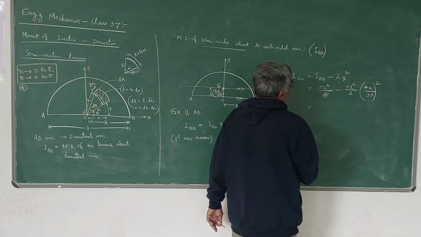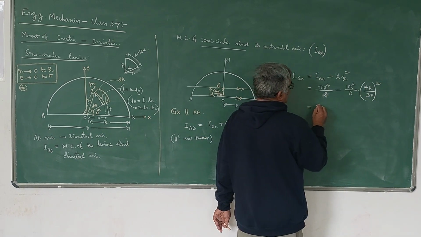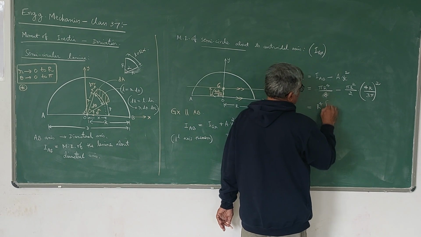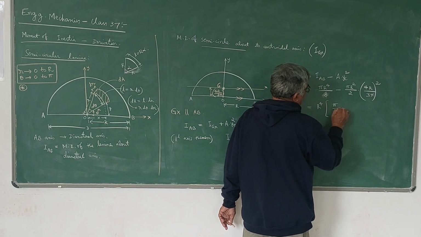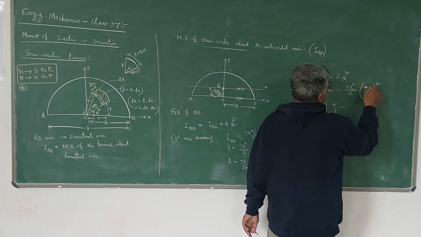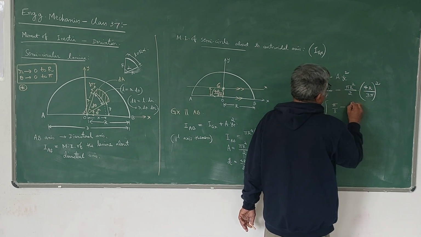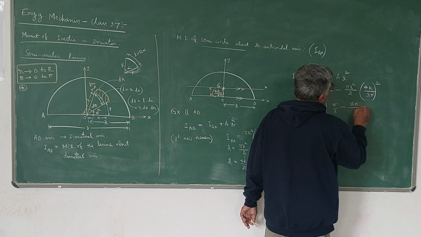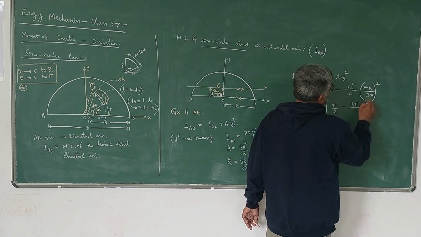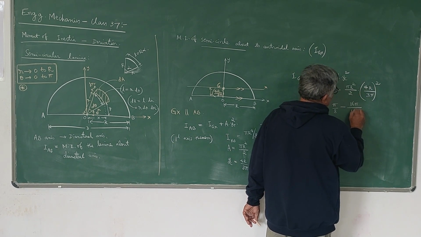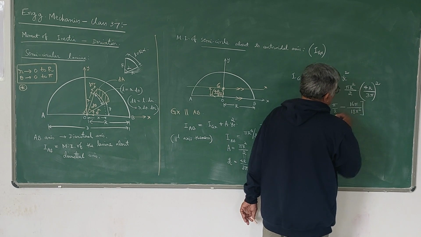I can take this r power 4 outside. You can see pi by 8 will be there here, minus r power 4, 4 square is 16, 16 pi divided by 9 pi square, 9 into 2 is 18, 18 pi square.